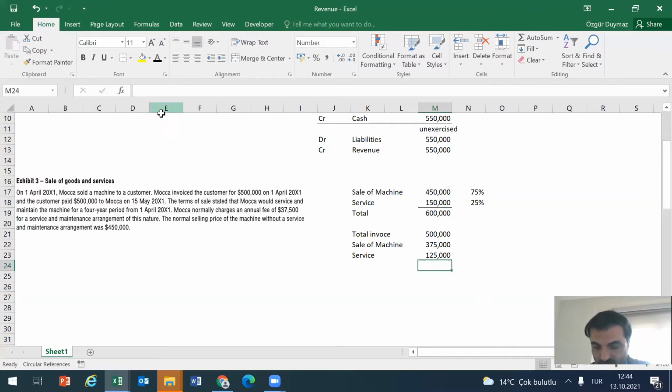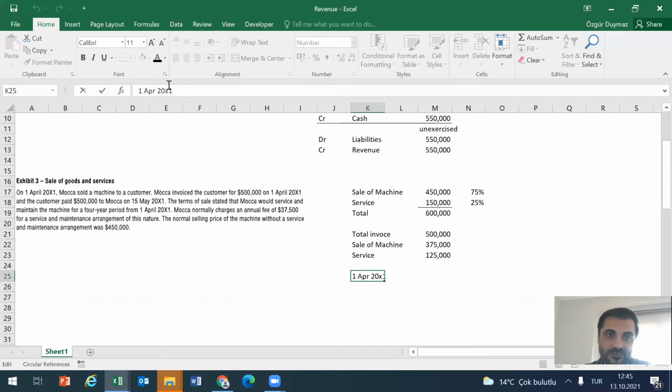So, in the initial recognition on April 1st, the machinery has already been transferred to the third party, the client.